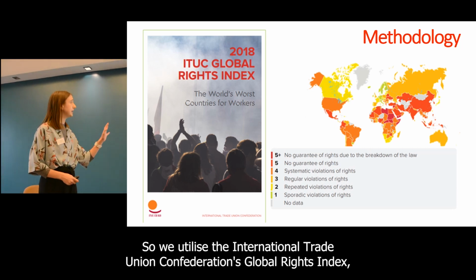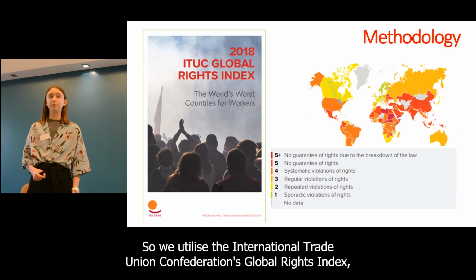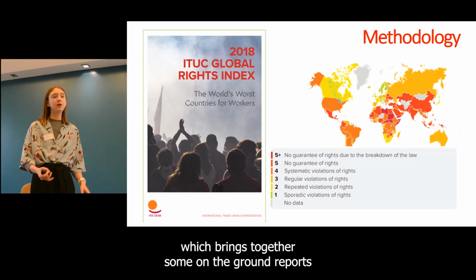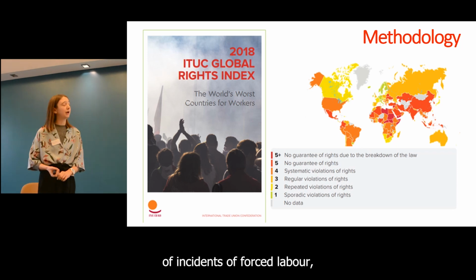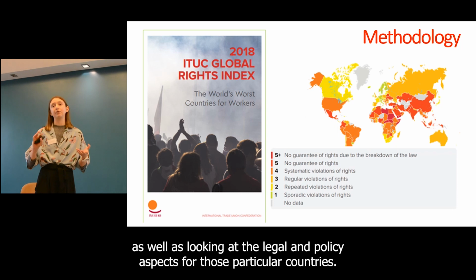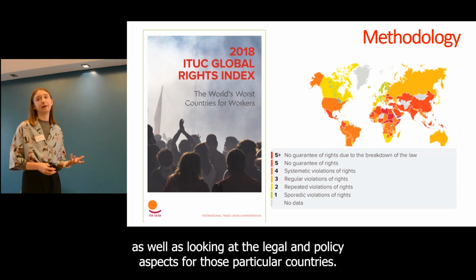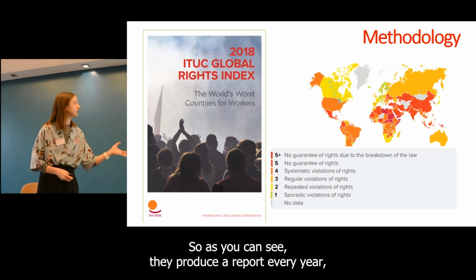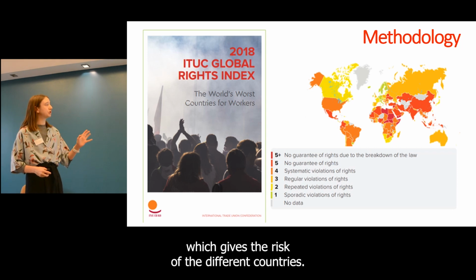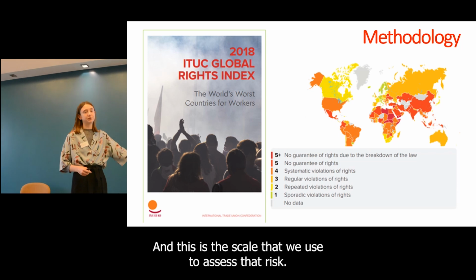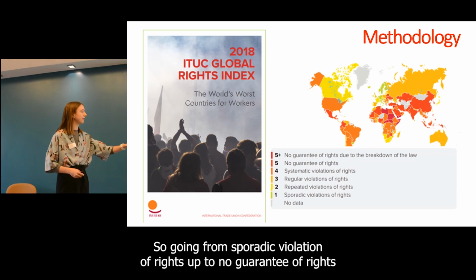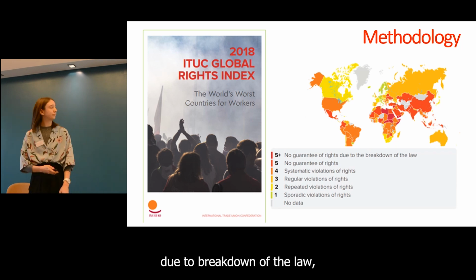So we utilise the International Trade Union Confederation's Global Rights Index, which brings together some on-the-ground reports of incidents of forced labour, as well as looking at the legal and policy aspects for those particular countries. So as you can see, they produce a report every year which gives a risk of the different countries, and this is the scale that we use to assess that risk. So going from sporadic violation of rights up to no guarantee of rights due to breakdown of the law.